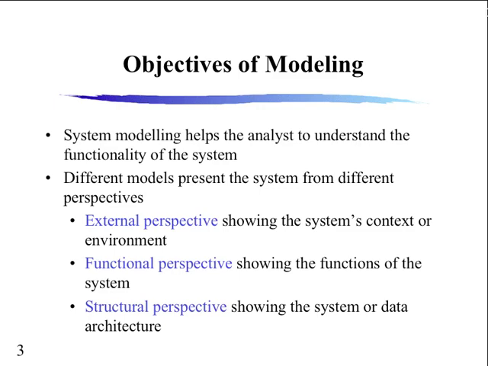So the modeling helps the analyst, I always say that word wrong, the person who's doing the analysis. So what's a systems analyst's job? Traditionally, they're supposed to be analyzing requirements and system definitions. They're supposed to be building the system design.